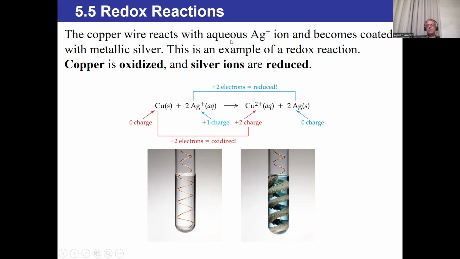Copper wire reacts with aqueous silver ion and becomes coated with metallic silver, the product. This is an example of a redox reaction in which copper is oxidized and the silver ions are reduced.